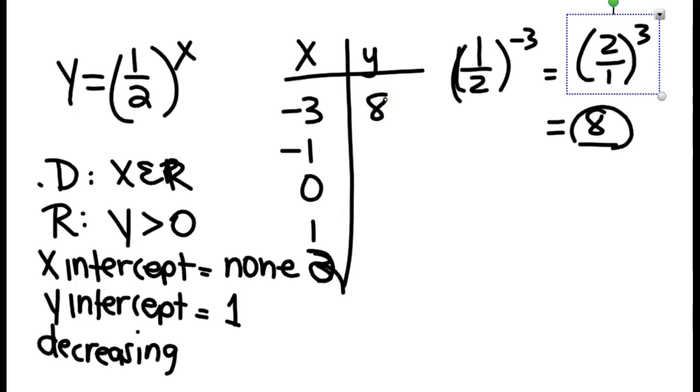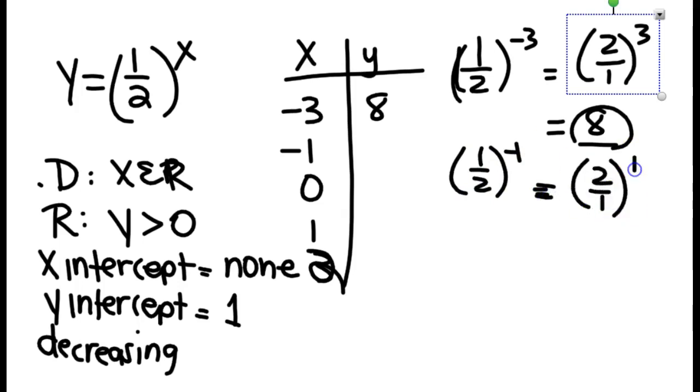If we put -1 in there, all I have to do is switch it, so do the reciprocal. So 2 to the power of 1 is... no, sorry, did I say 2 to the power of 1 is 1? 2 to the power of 1 is 2, right? So our value would be 2.